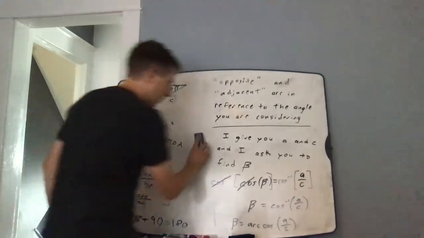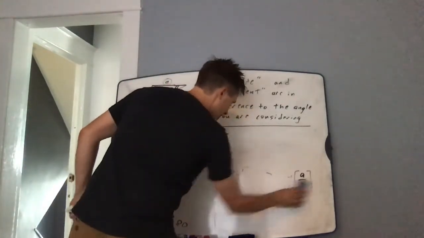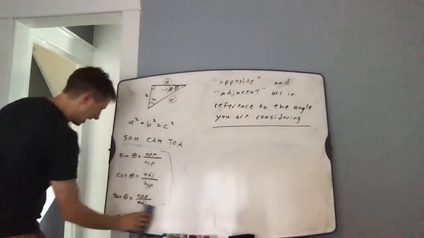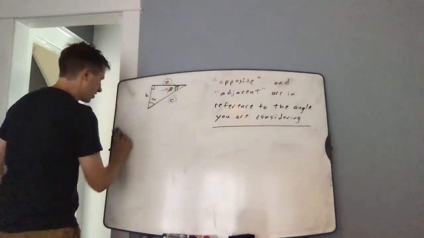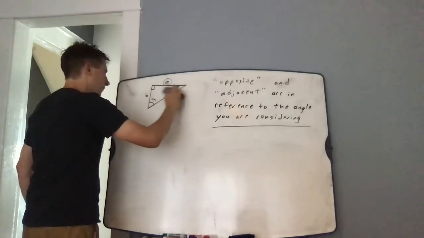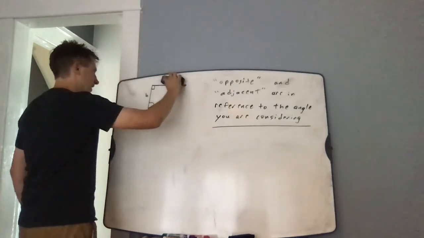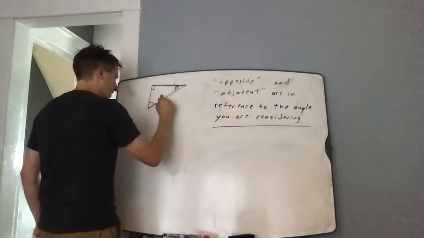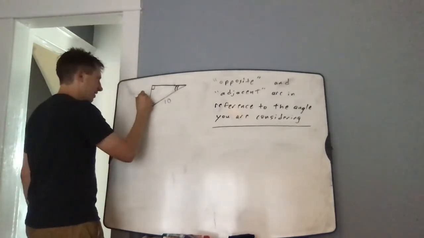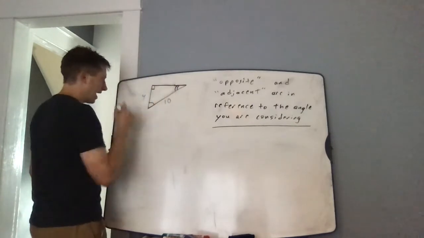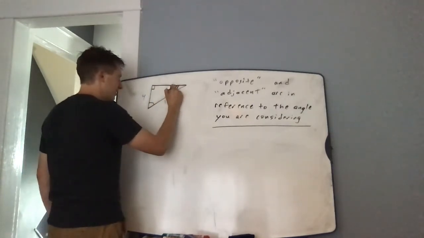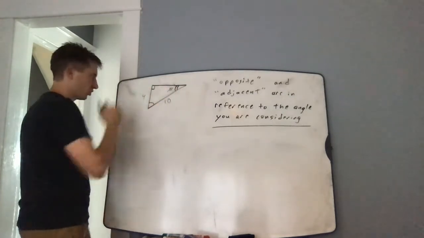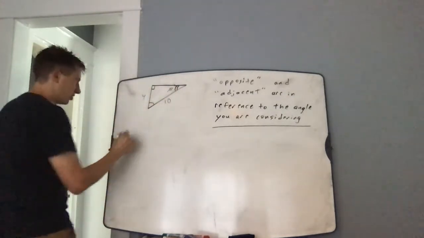So as another example, let me give you some numbers. Let's pretend that I were to make a right triangle. So I will say this is a length of 10 and this is a length of 4, and I am asking you, what is this angle beta equal to? So I could look at this.